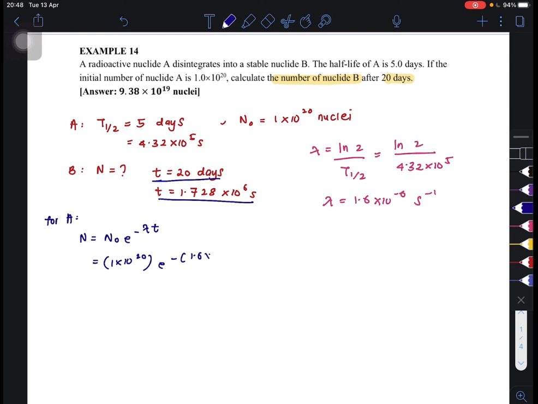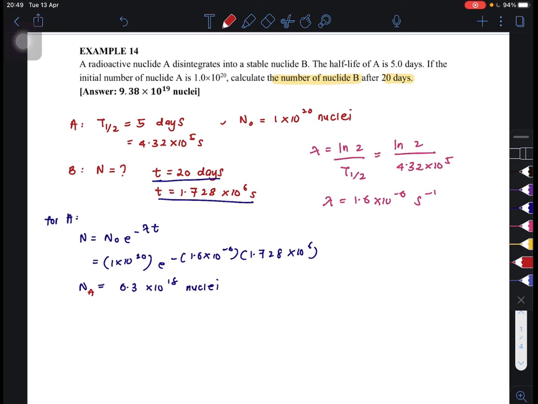So just masukkan T is 1.728 exponent 6, so N will be equal to 6.3 exponent 18 nuclei. So this one adalah untuk A, the final value untuk A.